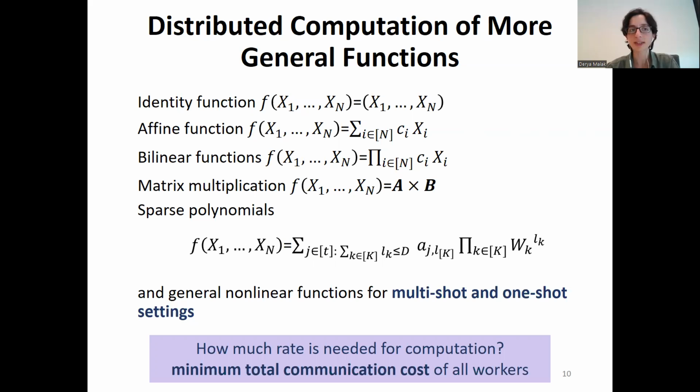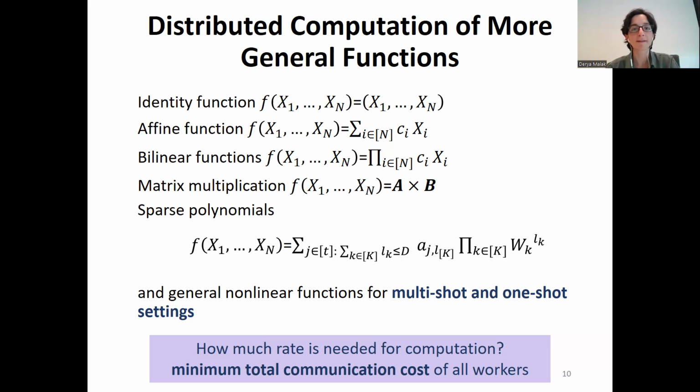Or we can consider affine functions, linear combinations of the source symbols. We can also consider bilinear functions, or more general nonlinear functions like matrix multiplication, or go one step ahead, consider sparse polynomials or more dense polynomials.